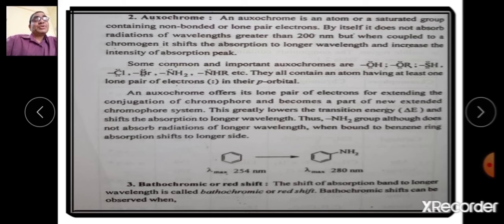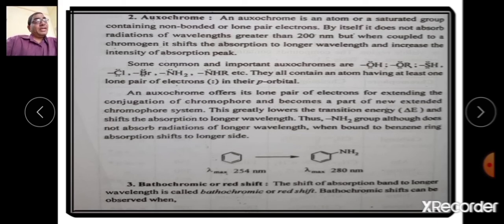What is the absorption of benzene? Look here. For benzene, the lambda max is 254. When an auxochrome is attached to this benzene, then benzene, what is it? A chromophoric group, with pi electrons.